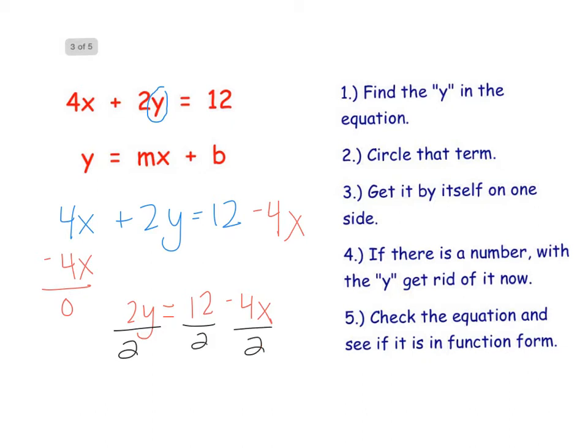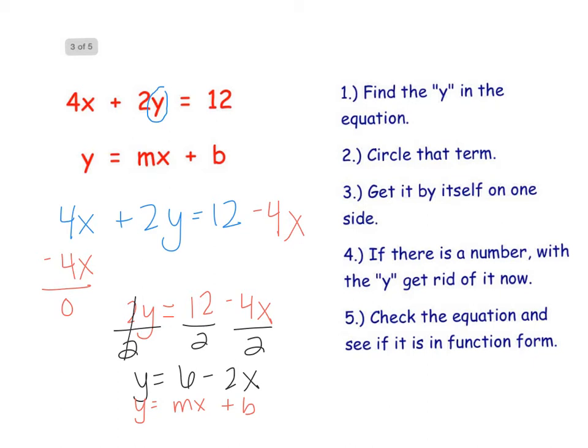Now, let's look what we have when we're done with the division. We have y equals 6 minus 2x. Now, is this in function form? Well, let's consider what is function form. y equals mx plus b. So we're very close. Our x term needs to be first.